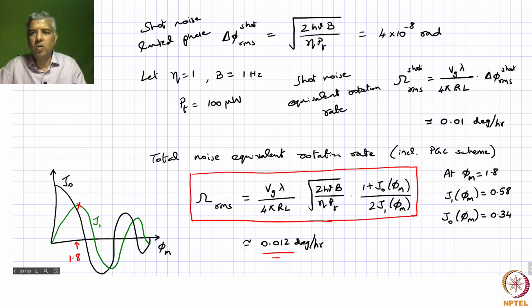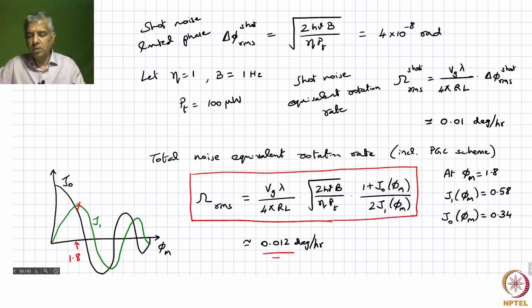You want a more compact gyro. So, R is typically chosen as 5 centimeters, in which case this entire thing gets scaled by a factor of 2.